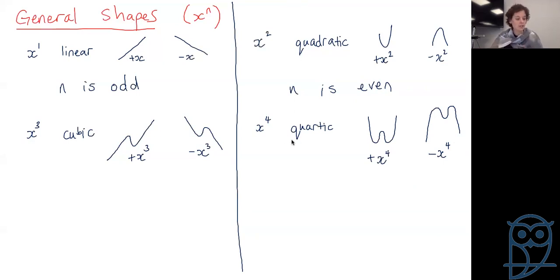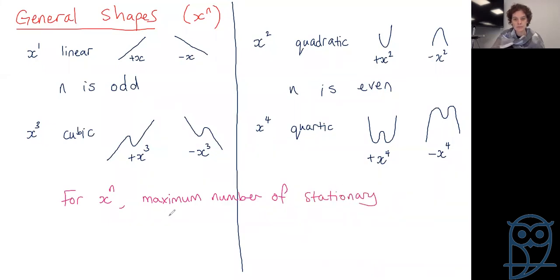So the relationship is for x to the n, the maximum number of stationary points is n minus 1.